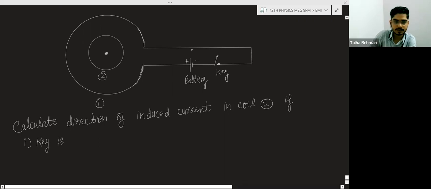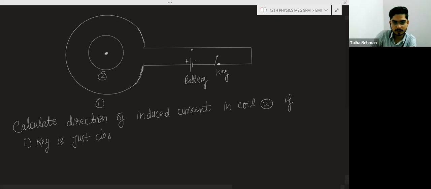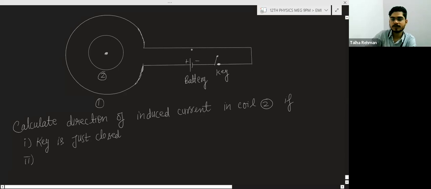Then, after the closing, now they are saying the key is just opened.